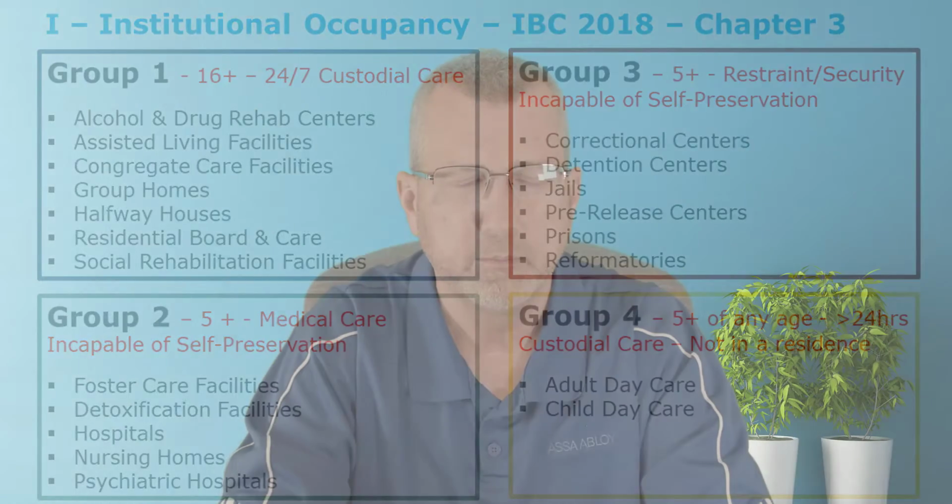So these 4 groups are important to us. When we're doing our site survey and gathering information from our customers, how is a facility being used? When we get into institutional, you need to be cautious and understand not only that I'm working with an institutional occupancy, but which of these 4 groupings.